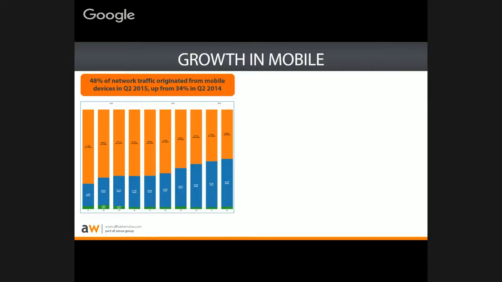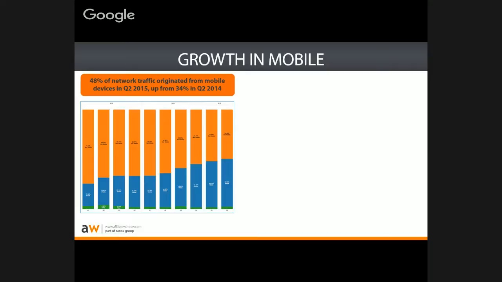Because at some point we knew it was going to reach a critical period where something had to be changed to ensure our model was well set up and protected against any issues in the future. And I think that more than anything else underlines the importance of making sure your tracking technology works across mobile devices. Interestingly enough, 48% of network traffic originated from mobile devices, and that was up from 34% at the same time last year.